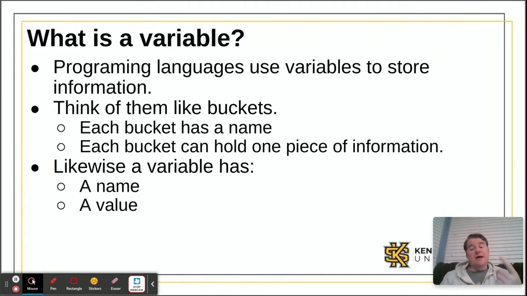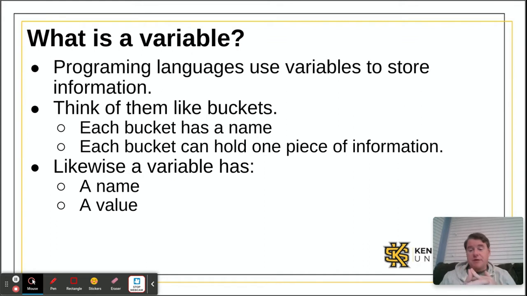So each variable can store one thing. A variable will have a name and it will have a value. So if we were storing information about me in a program, you might want to store my name, my KSU ID, and how many classes I'm teaching. So I might have 3 variables. One of them would probably be called KSU ID, and it would be equal to my KSU ID, 000 whatever number.